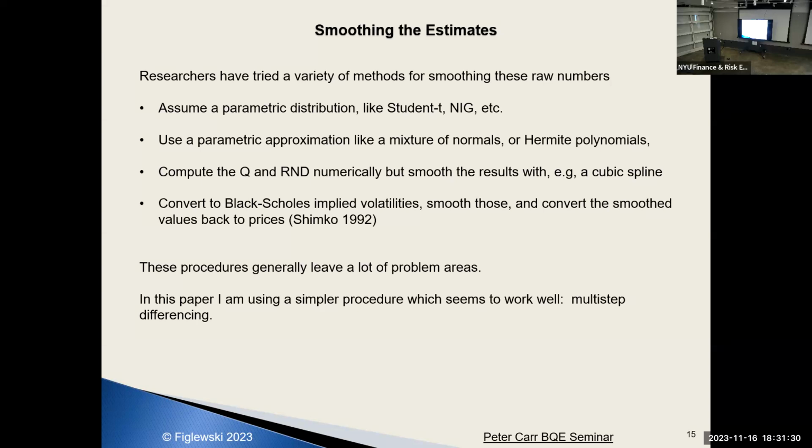And so now using the smile, you can fill in with a whole lot of extra points, convert back into prices, and now you've got a pretty smooth set of prices. Very nice approach. I tried to use that for a while too. But you still end up with a lot of problems. And one of the big problems, of course, is you don't get the tails. You can't get the tails beyond where the strikes are, where the options are in the market.